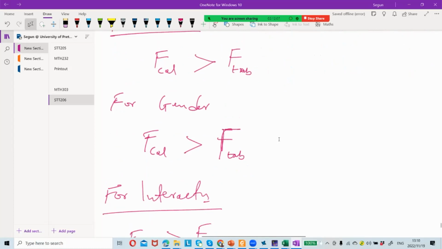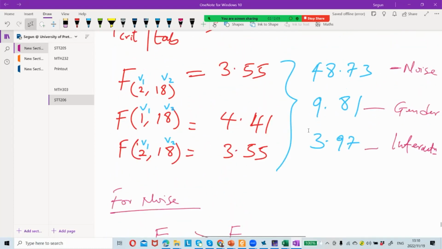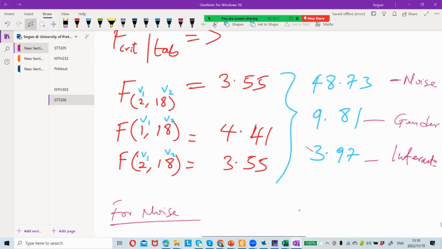Can you get it? Because the value, don't use this one for this, or use this one for this. You know, they are different. So follow the procedure. Is that okay? Yes, sir. 397 is greater than calculated.